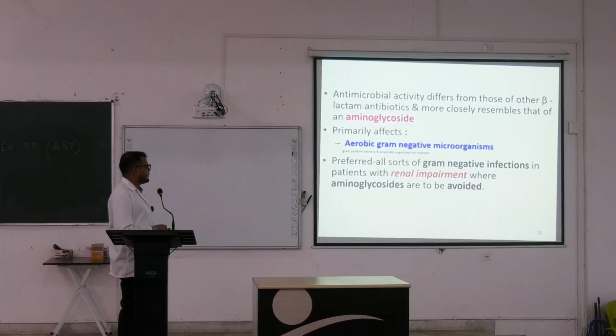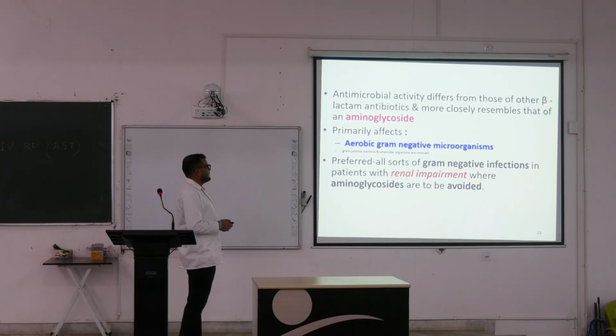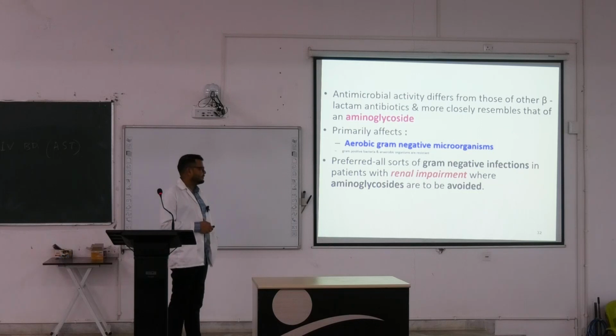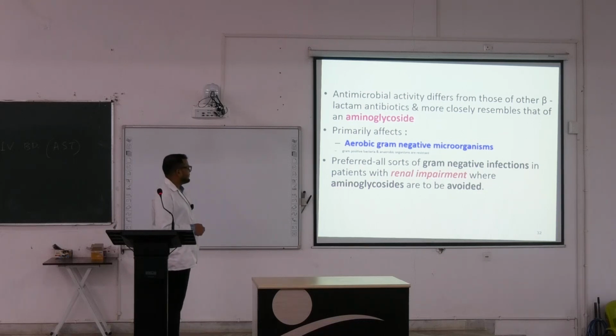Antimicrobial activity differs from those other beta-lactam antibiotics and more closely resembles that of the aminoglycoside. Okay. Primary effect, aerobic gram-negative microorganisms. Preferred in all sorts of gram-negative infections in patients with renal impairment where aminoglycosides are to be avoided.